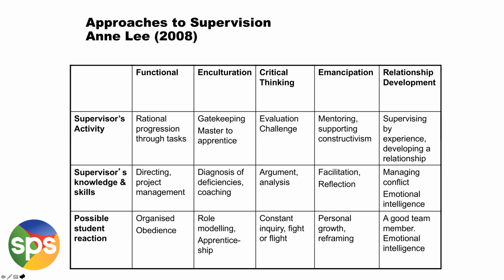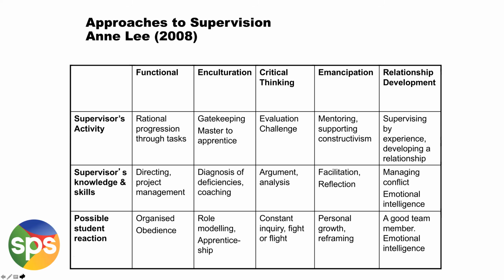And if you're lucky, the student reaction will indeed be one of personal growth as they become free, as they take on their full capacity and agency to act for themselves and possibly to reframe the knowledge they encounter and themselves in terms of where they're going.